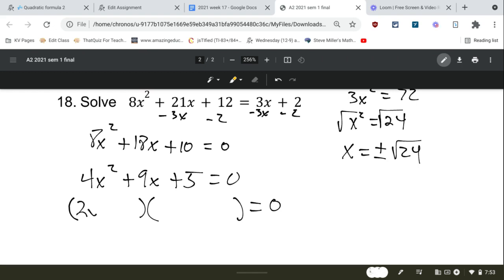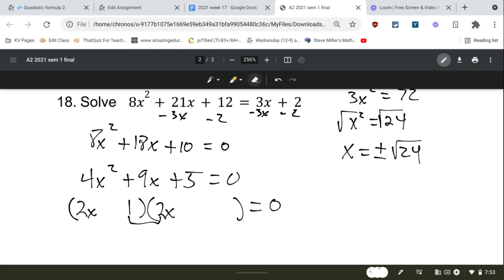Let me try 2x and 2x because I know that gives 4x squared. 1 and a 5. Will that give me 9? It doesn't, because this will give me 10, and that'll give me 2, which will not give me a 9.